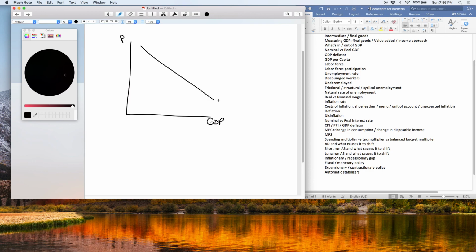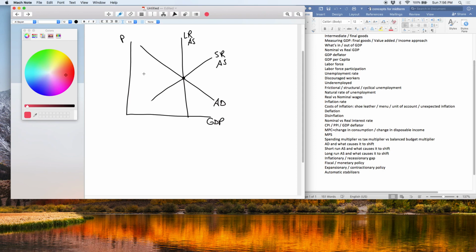So now let's talk about what the government can do to make a recession last a shorter amount of time. Starting off from the long run equilibrium, let's say that you have a standard demand side recession.